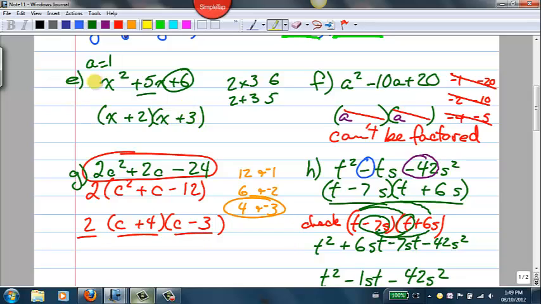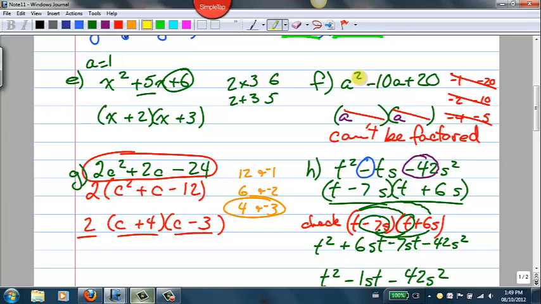In situations like this where a is equal to 1, the factors will always be a set of binomials, if they can be factored, that will always start with the square root of x squared or a squared or c squared. Right? 2 things that multiply together that make x squared. And then followed by whatever the 2 numbers are that we find. 2 numbers that multiply to give 6 and add to give 5 were 2 and 3.